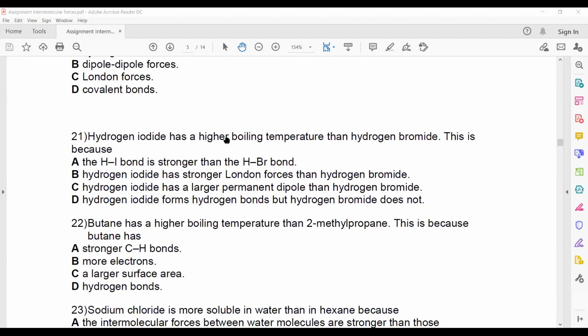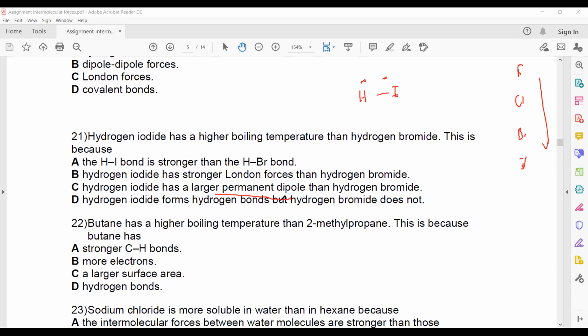For question 21, hydrogen iodide has partial positive and negative charges, but these will be smaller because of weak electronegativity. As we go down the group, the electronegativity decreases. So iodine is less electronegative than bromine, so it does not have a large permanent dipole.